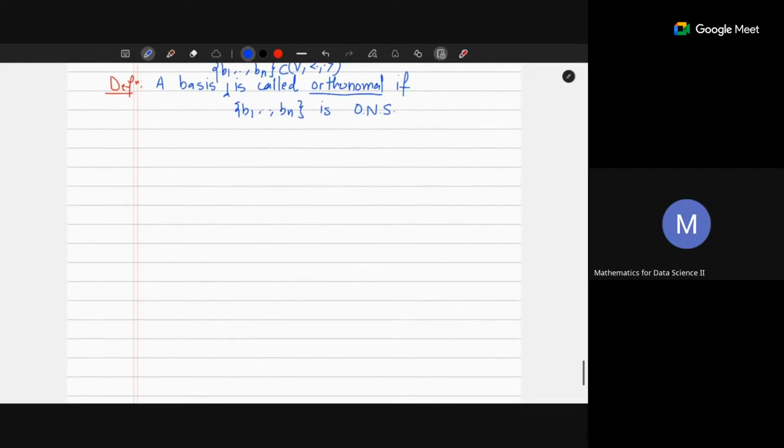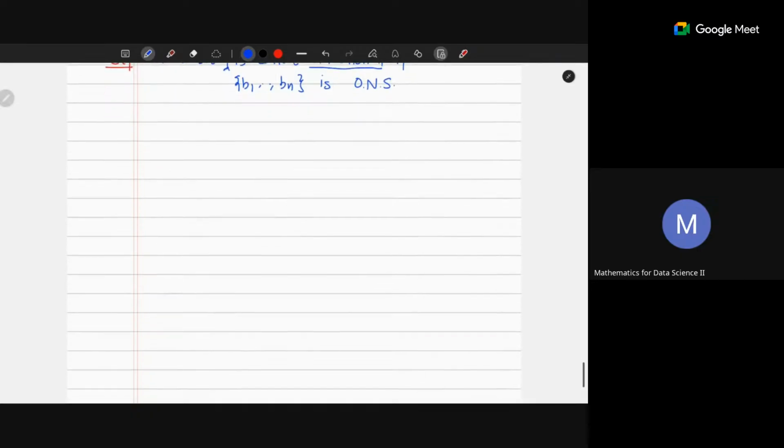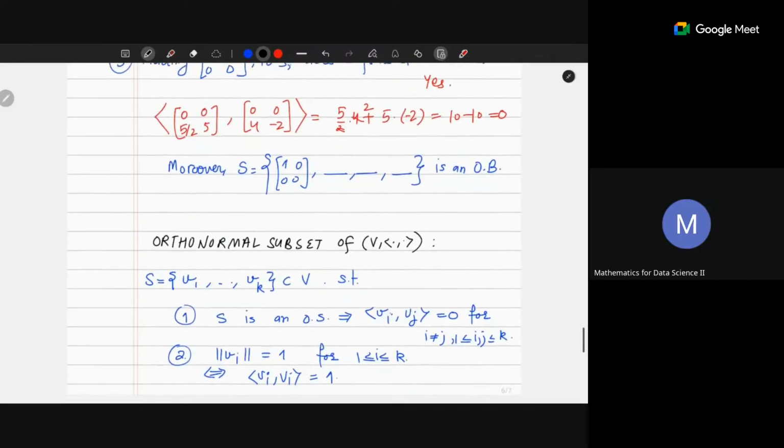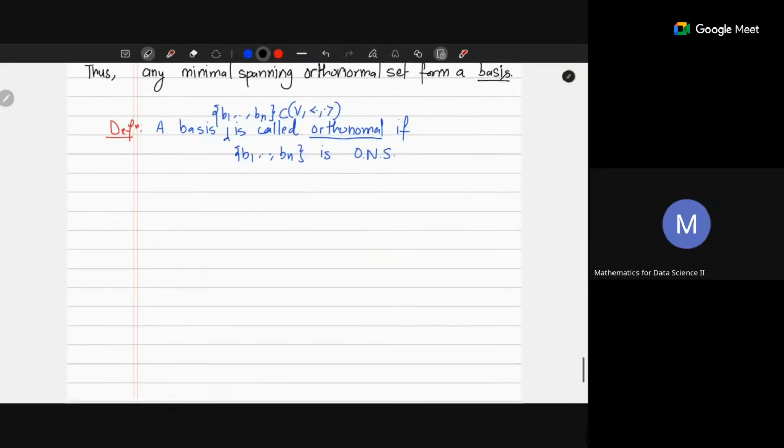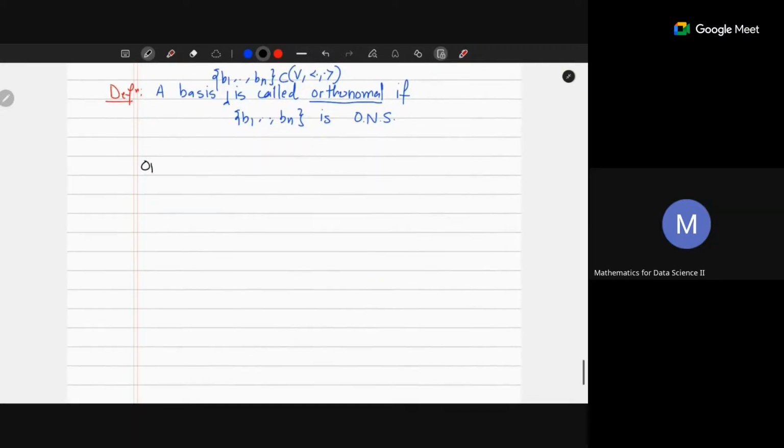All right. So now let's look at the example that we did earlier. Now let me ask you this. If I have an orthogonal subset, which is V1 up to Vn in V, then how do we obtain an orthonormal subset?